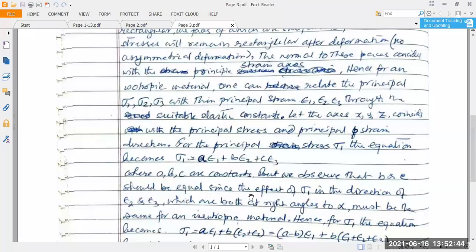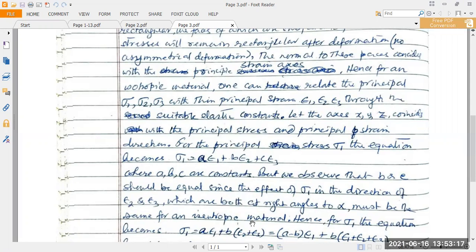Because the effect of sigma 1 in the direction of epsilon 2 and epsilon 3, which are at right angles to each other, must be the same for an isotropic material, because at a point it has the same properties everywhere. So due to the effect of sigma 1, epsilon 2 and epsilon 3 will be the same, so they have the same constant.